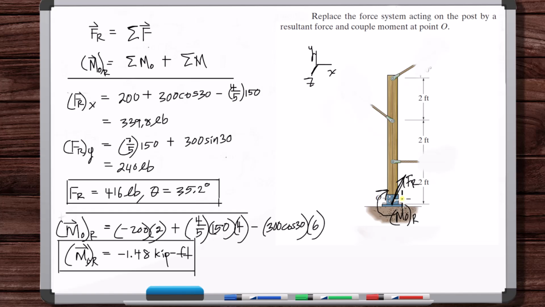And to be more specific, I would have to put theta, so this FR at that theta, and then this moment. Maybe I would take the negative off, because if you leave it negative, you might be saying, based on this diagram, that it's in the opposite direction of what's shown here, but you get the idea. That's equivalent to the initial system. If you remove those forces and put this, it's statically equivalent from a rigid body dynamics standpoint.